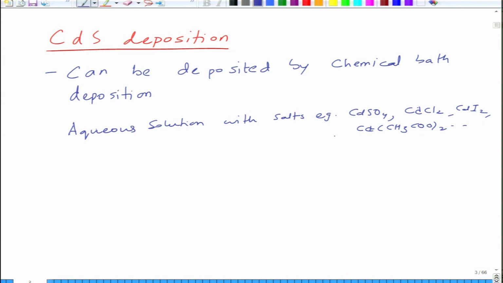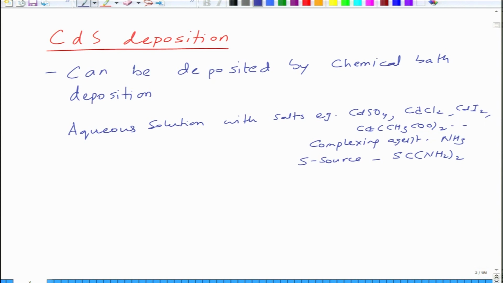Then we use a complexing agent, ammonia, and the sulfur source is essentially thiourea, that is SC(NH2)2.